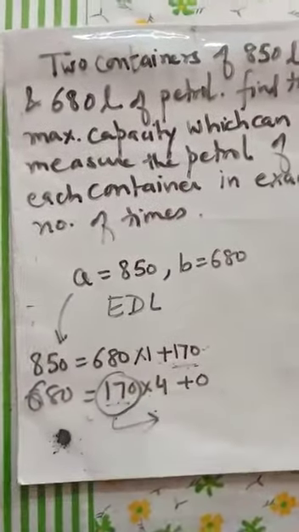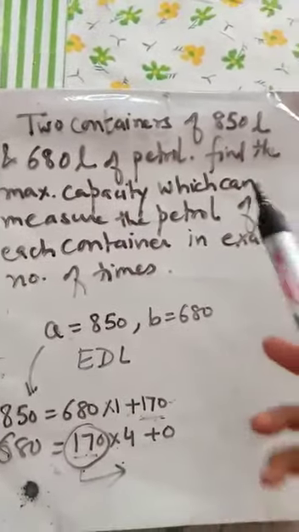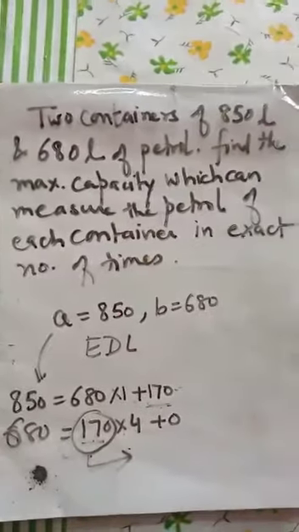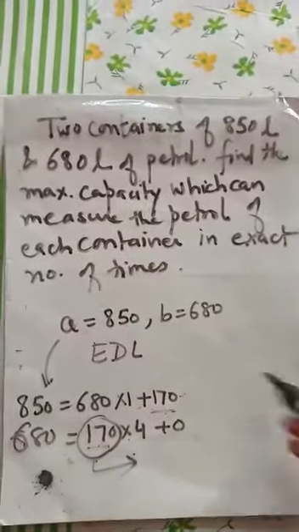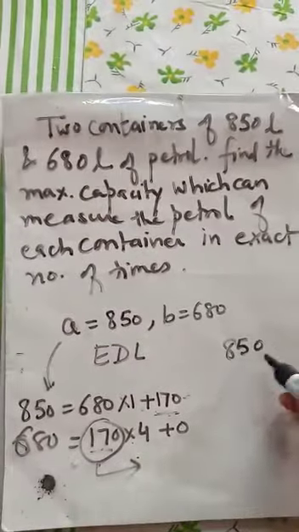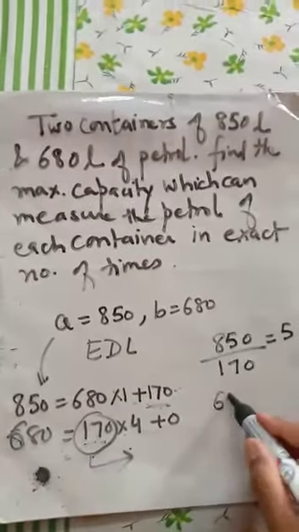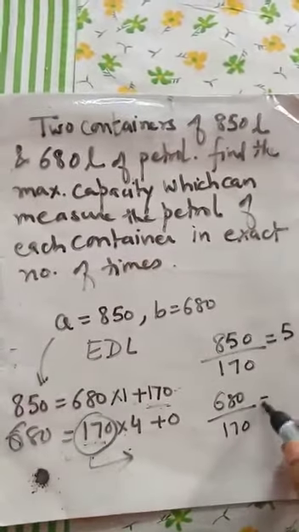Now why is this HCF the answer? Look at this, if we take a container of 170 liters, I can measure 850 liters also and I can measure 680 liters also. How will you come to know? Can I divide 850 by 170? 850 divided by 170 gives you 5 and 680 divided by 170 gives you 4.